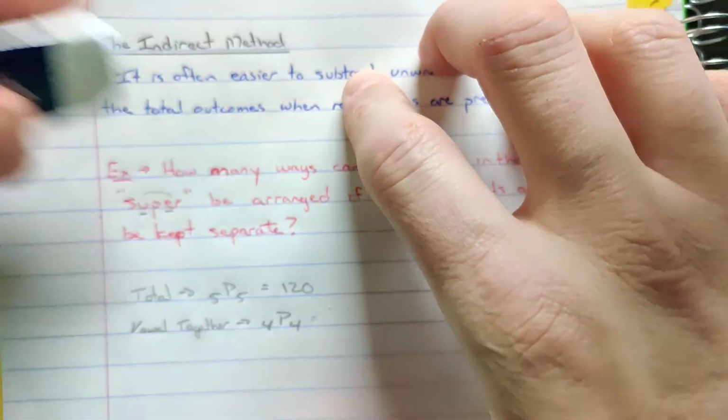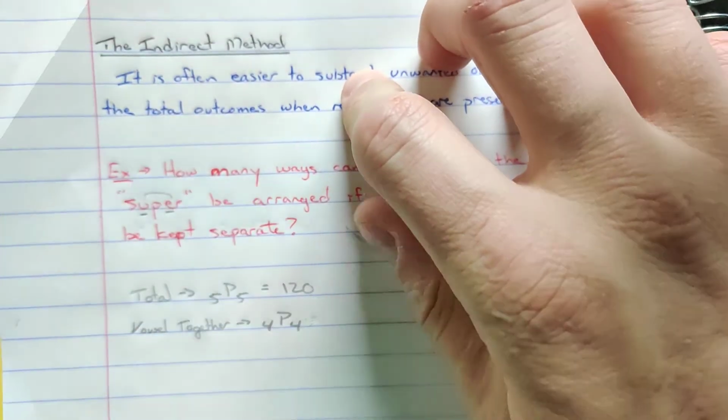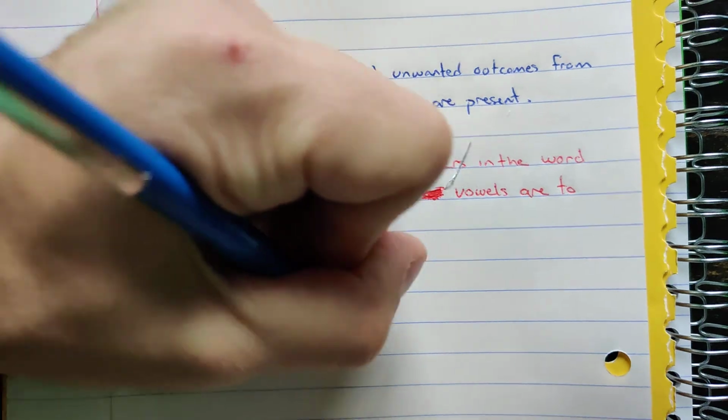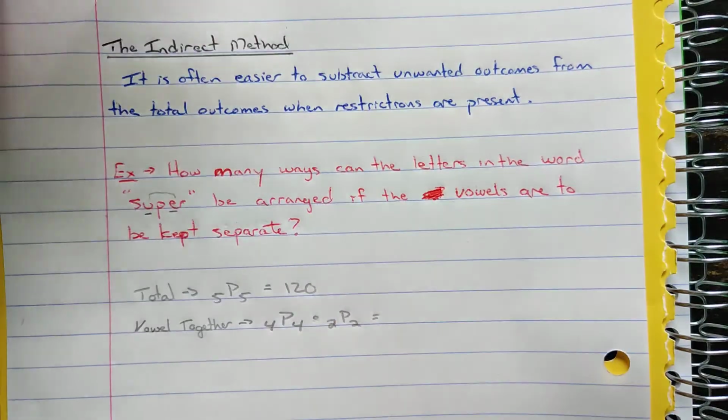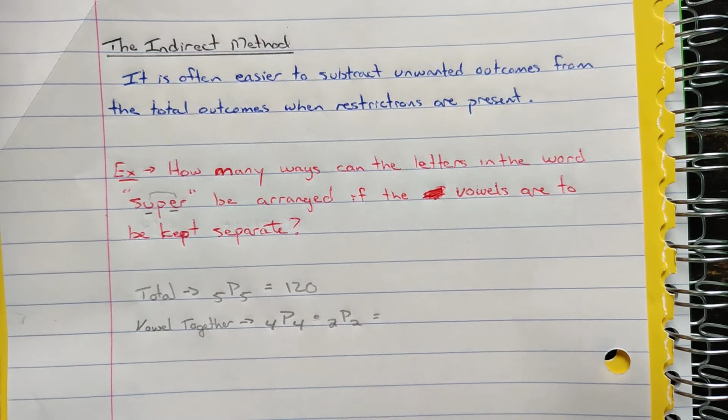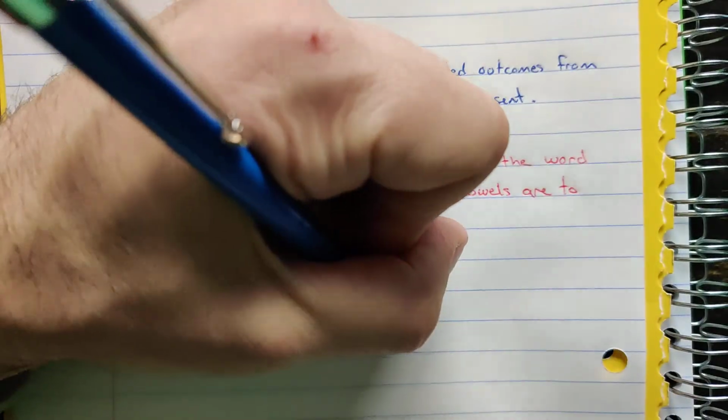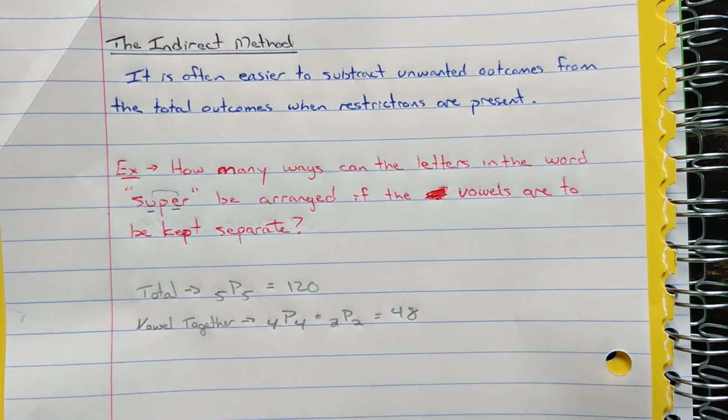But because there's the 2 letters together, we need to multiply that by 2 arrangements of 2, or 2 factorial. So this is 4 factorial times 2 factorial. And 4 factorial is 4 times 3 times 2 times 1, and then times another 2 times 1. That's going to be 48 arrangements where the vowels are together.